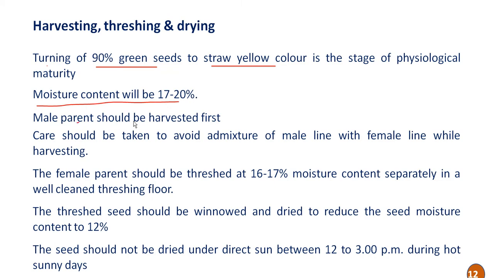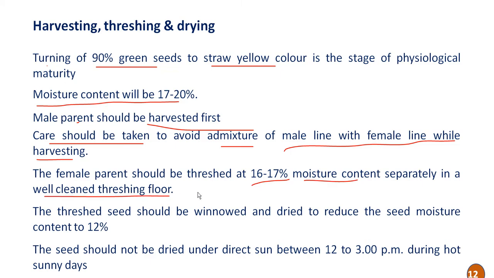The male parent should be harvested first, and care should be taken to avoid admixture of male line and female line while harvesting, so that they do not mix with each other. The female parent should be threshed at 16 to 17% moisture, separately and on a clean threshing floor, so that there is no physical mixture of any other lines with the female line.